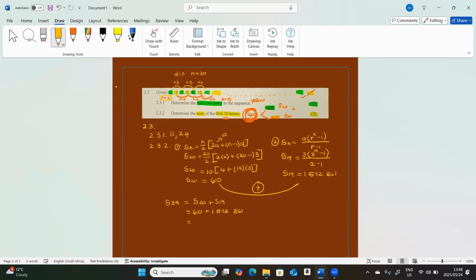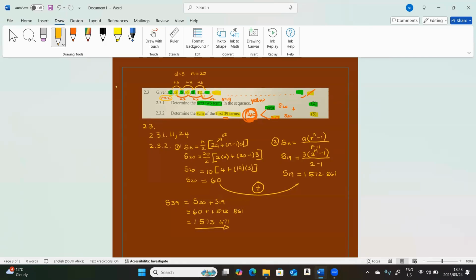Okay, and then when you add those two together, you would get your final answer, which is 1,573,471. Okay, so that is then your final answer for this question.